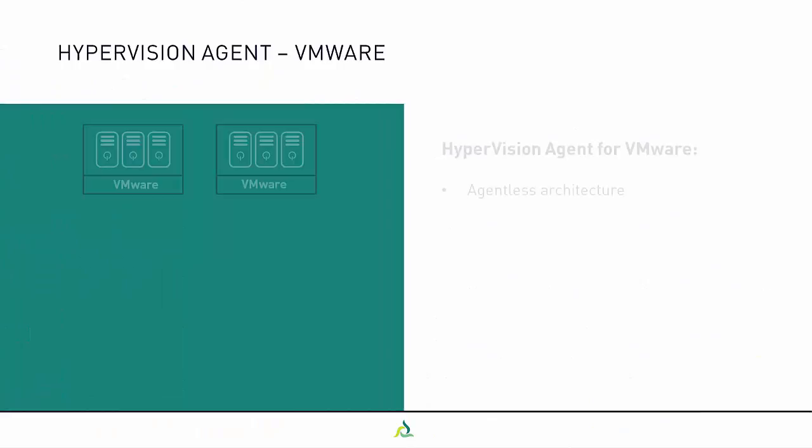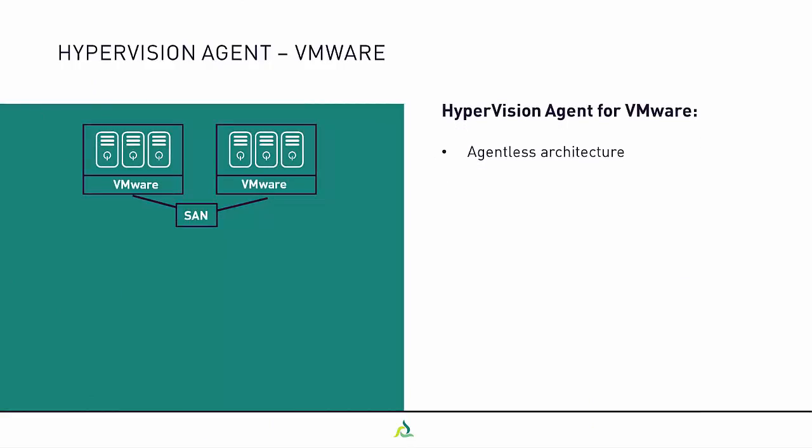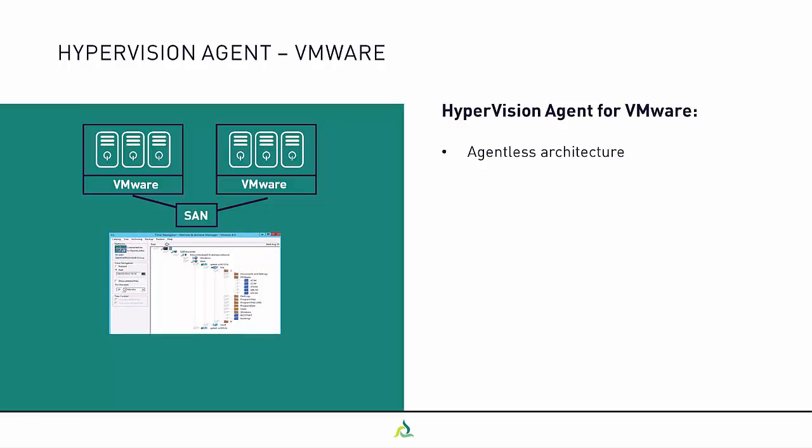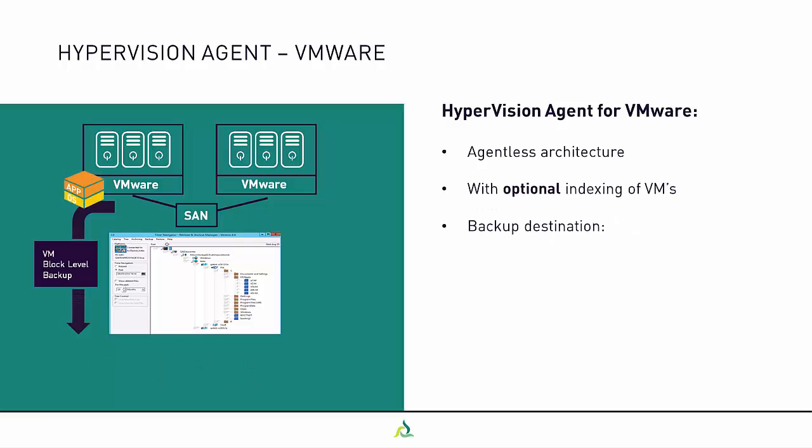HyperVision Agent fits seamlessly into your organization without requiring an agent installed inside each VM. Backups of both Windows and Linux VMs take advantage of VMware's block-level incremental backup mechanism using CBT technology. And that provides block-level incremental backups using VMware APIs. This ensures applications are backed up in a consistent and coherent manner.